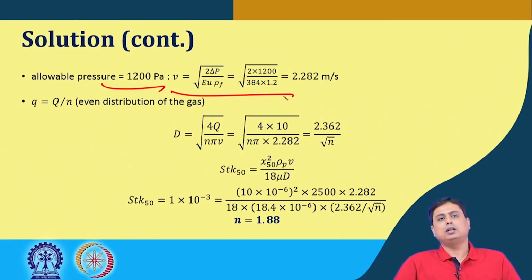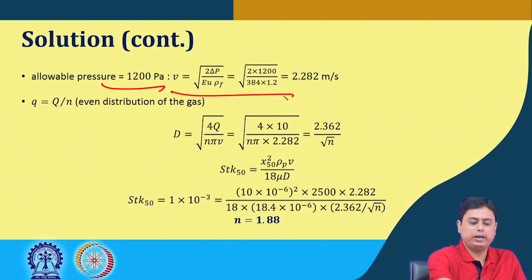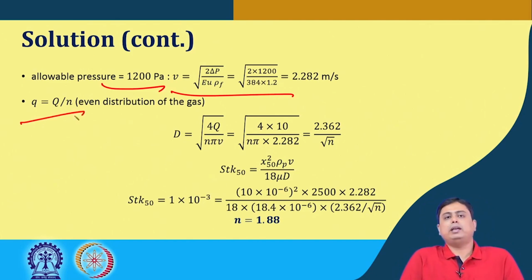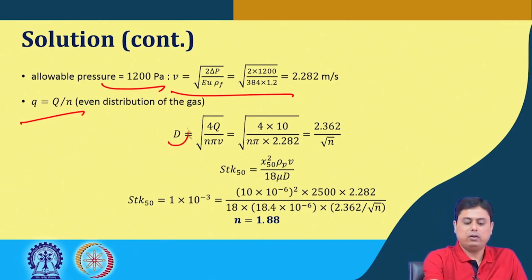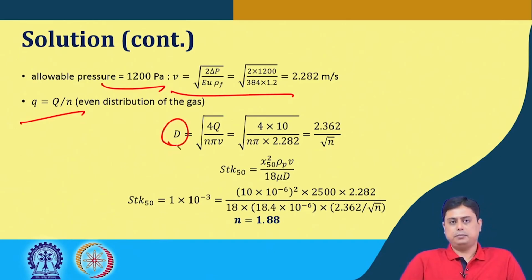Again, assuming that if n numbers of cyclones are required that are connected in parallel and the flow gets evenly distributed, then the flow rate becomes overall flow rate divided by n. So from V and this Q, we can find out what is the diameter.